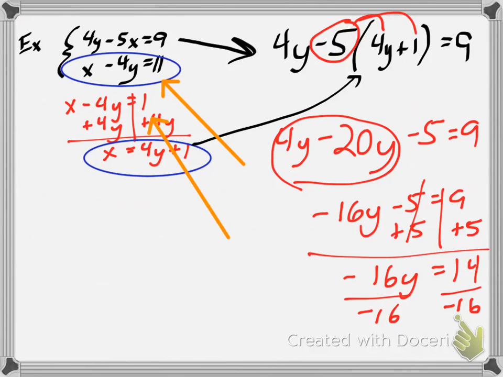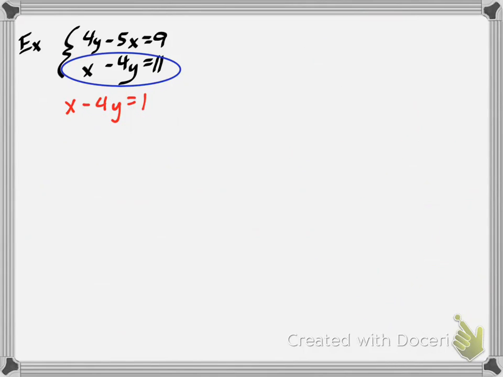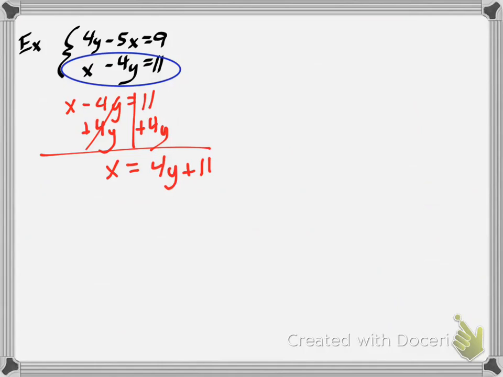Alright, we're back to where I messed up. 11. That makes a big difference because as you saw we were going to get a fraction before. So let me continue from here. Alright, so we were adding 4y to both sides. So we could solve for a variable, x equals 4y plus 11.